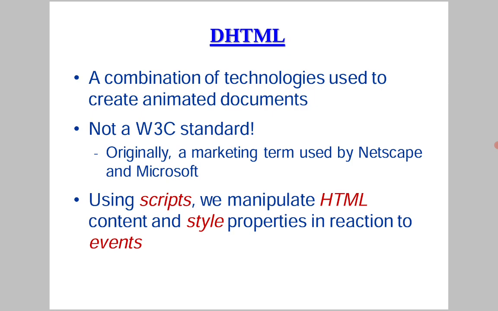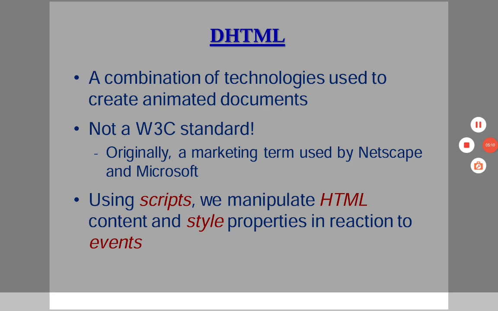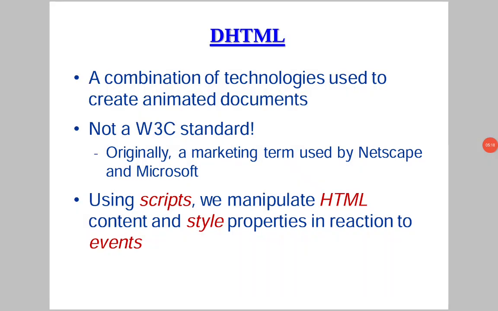First one is HTML, second is cascading style sheets, third is scripts like JavaScript, fourth is events and event handling, fifth is DOM or document object model, sixth is placing some text. Using all these 6 technologies is called DHTML.